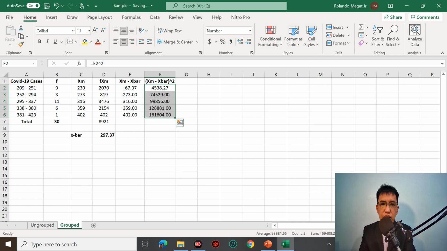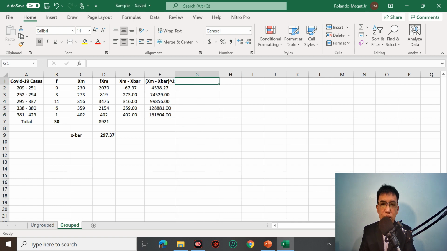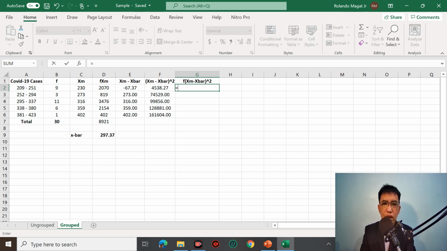Then finally, we will multiply the frequency times the midpoint minus the mean, x bar, quantity squared. Let's multiply it. Equals frequency times this one.